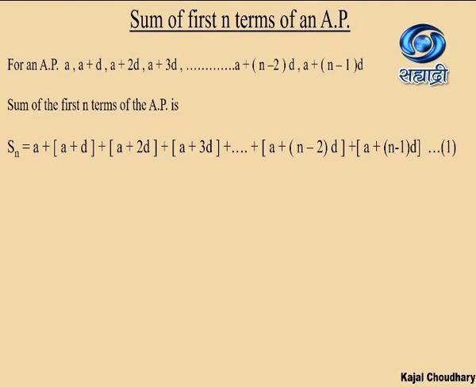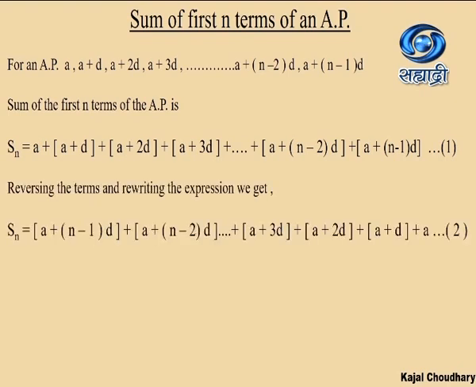So what we can do is reverse and write the sum. Sn is equal to this, which we had written. Now, we can also write Sn equal to the last term first, plus the second last term, and so on, until the first term is added last. Here the sum should not change because addition is commutative.